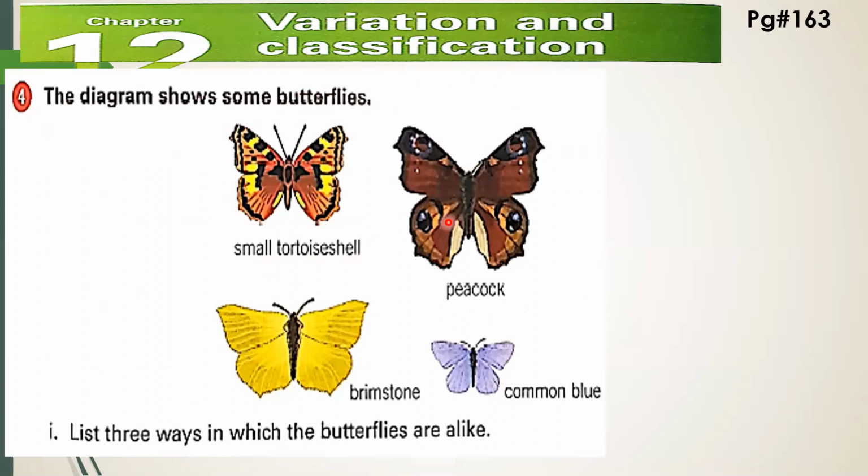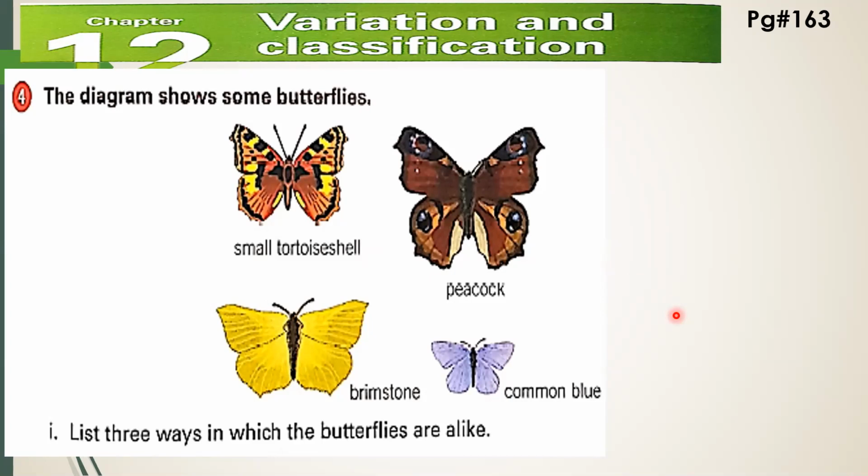The third one is the brimstone butterfly. The last one is the common blue butterfly. All these are four different types of butterflies.